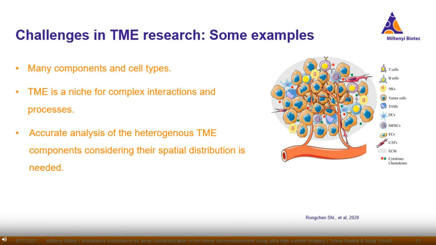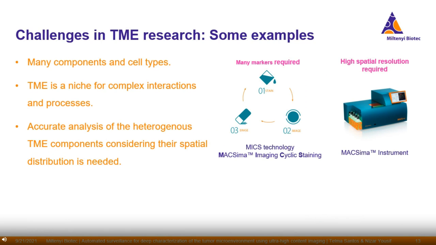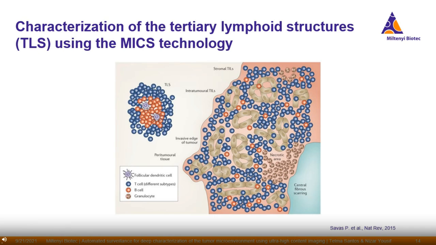We need to know the location of these interactions and processes, so the spatial distribution is important. The MACSima and its MICS technology offer you amazing options to overcome many of these challenges. Now, I would like to show you some examples of data generated using the MACSima and the MICS technology.